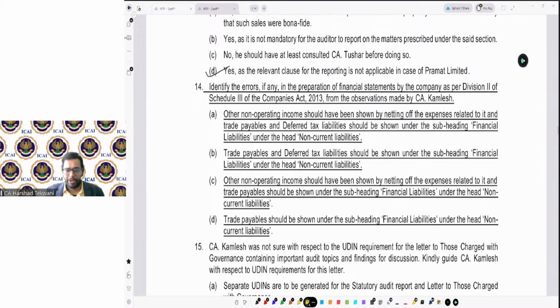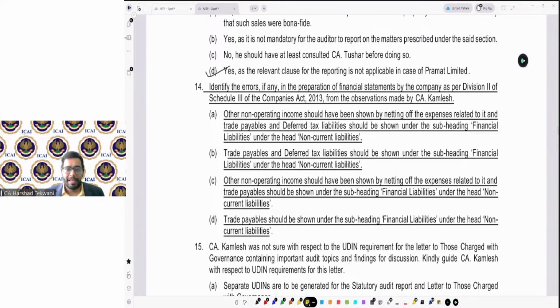Don't worry on that. So meanwhile, what is the correct option over here? Like how the error should be resolved?